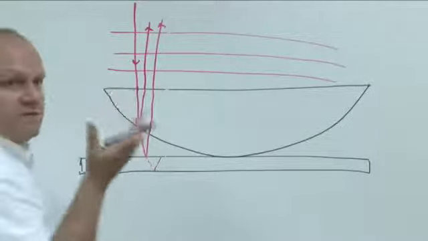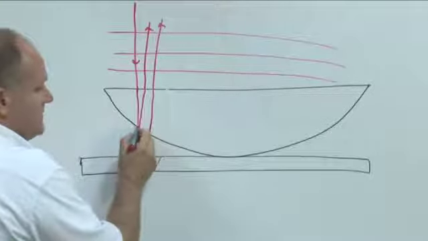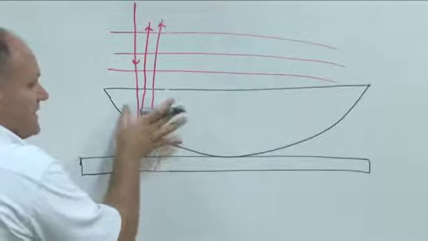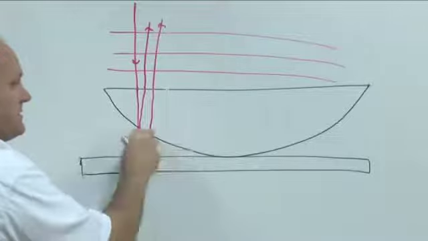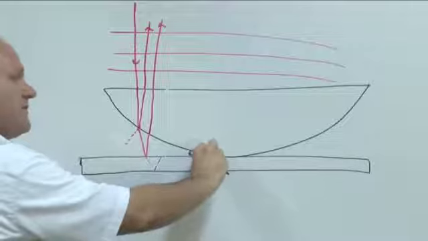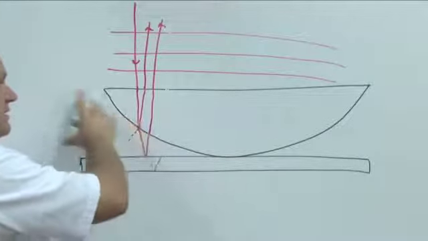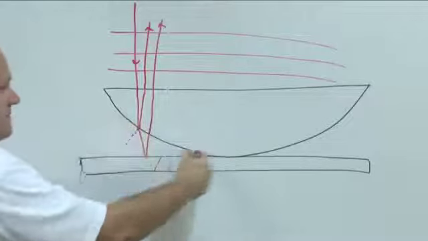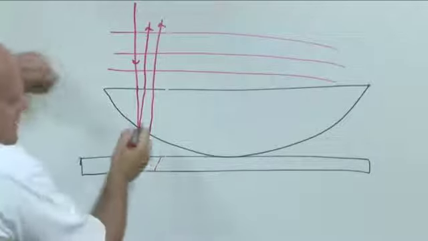So the only two reflections we're interested in are the one from this interface with the curved glass, and this interface with the flat glass. And there's air in between these two pieces of glass. Now, the thickness of the air film is getting bigger and bigger if you travel away from the center.